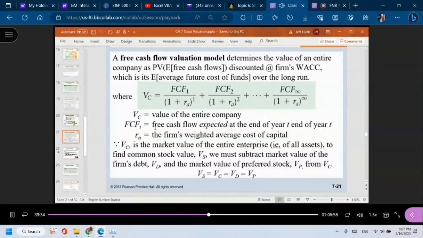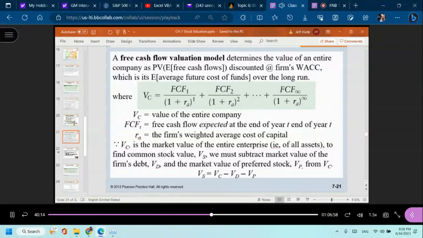So for current value, you must use the rational intrinsic value. It's always discounting the future cash flow, right? So the value of the company is actually the present value of all its earnings power, future cash flow, right? So this is the intrinsic value of the company, or the rational value, or fair value of the company, not the book value, right?